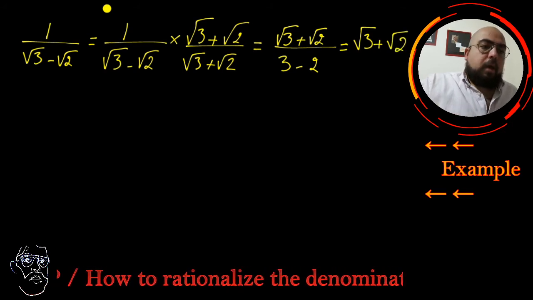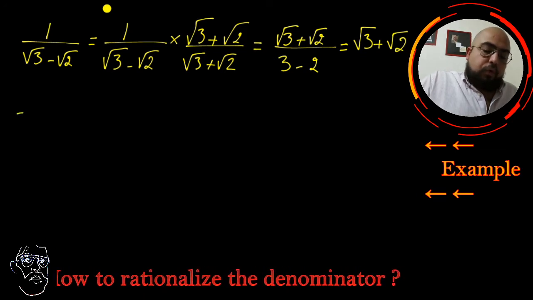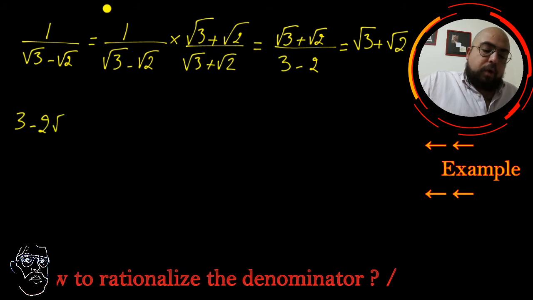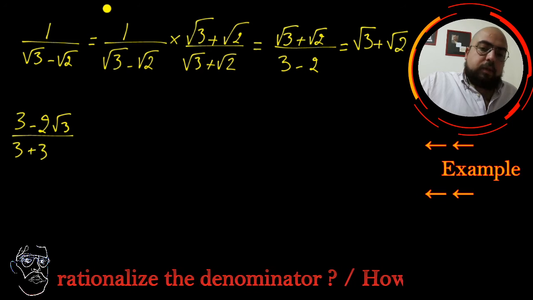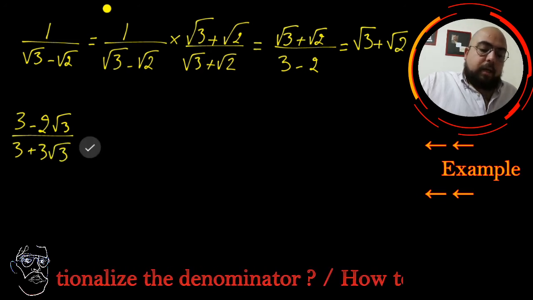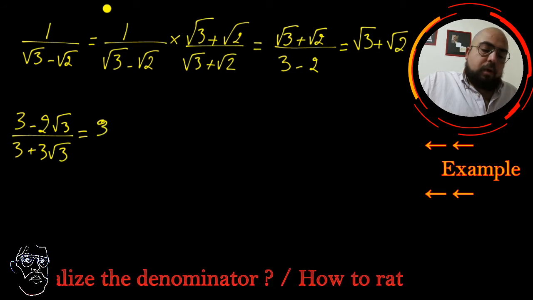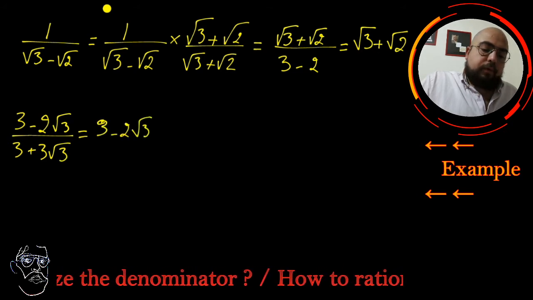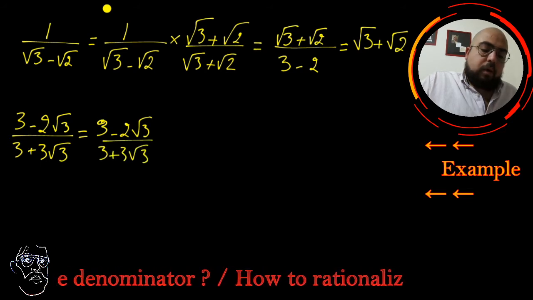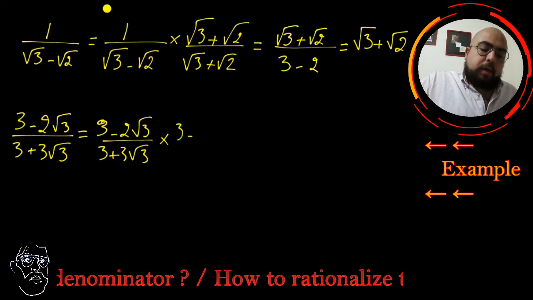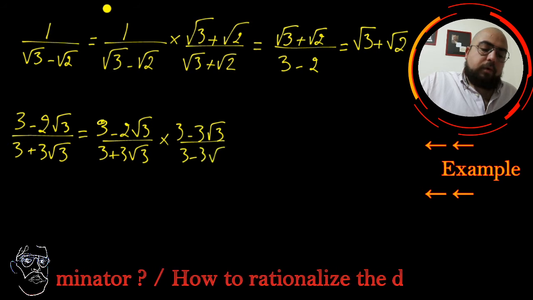Alright? Now, another example. What about 3 minus 2 square root of 3 over 3 plus 3 square root of 3? Again, I'm gonna multiply by 3 minus 3 square root of 3 over 3 minus 3 square root of 3.